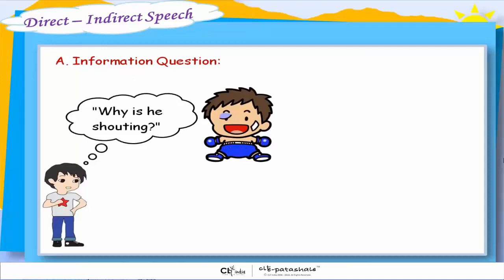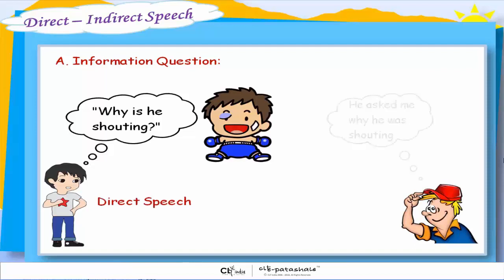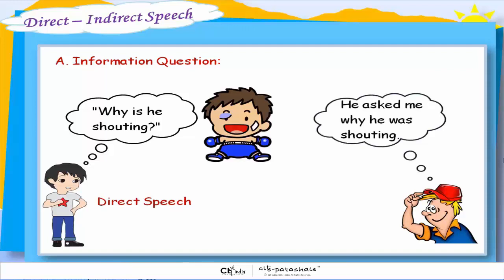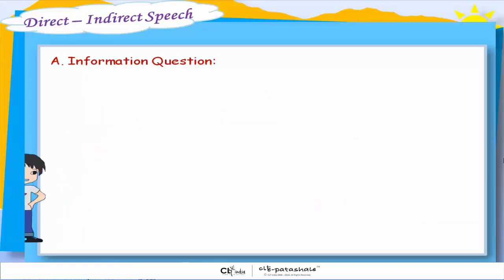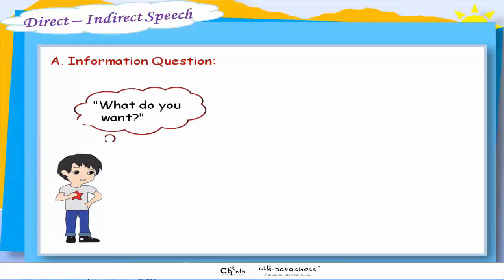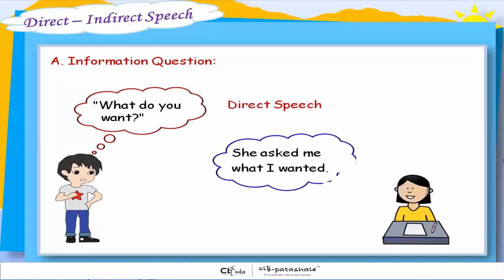Why is he shouting? He asked me why he was shouting. What do you want? This is another example of the direct speech, and the reported speech would be, she asked me what I wanted.